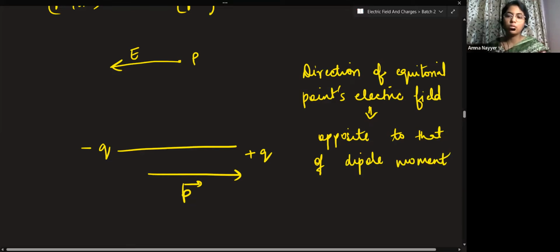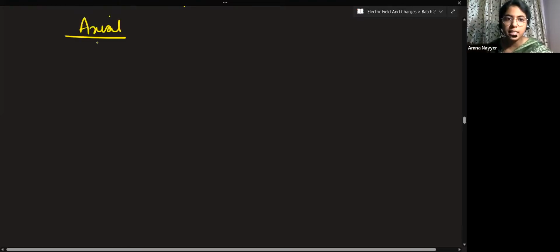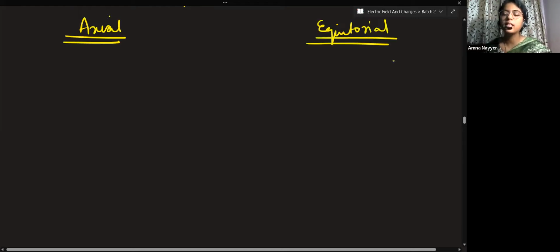That will give you the direction. So since we have done a lot of content, I'll just write the summary so you get clarification on what is axial field and what is equatorial field. So we have seen axial field, we have seen equatorial point as well. Axial point was when the dipole's axis had the point.